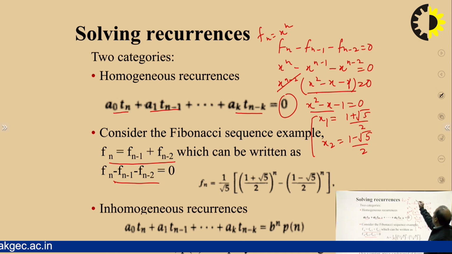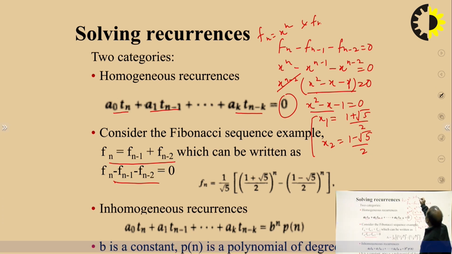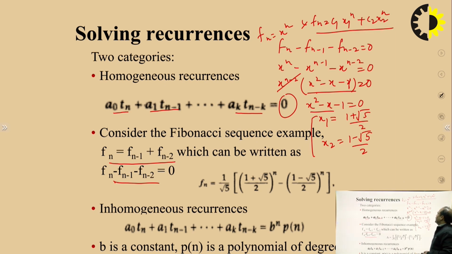The solution of this recurrence relation is given by Fn equal to c1 x1 to the power n plus c2 x2 to the power n, when the roots are not repeating. Here the roots are not repeating, so this is the solution.